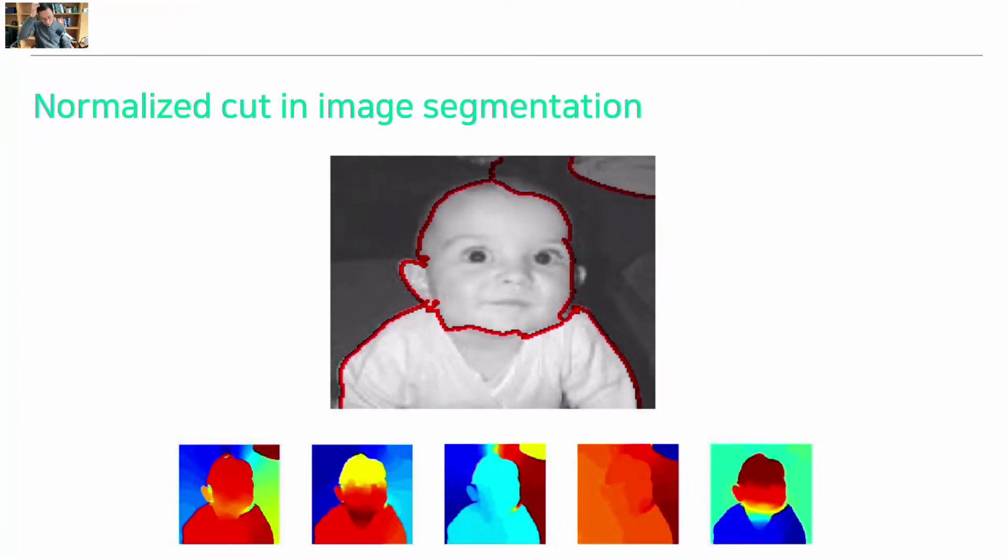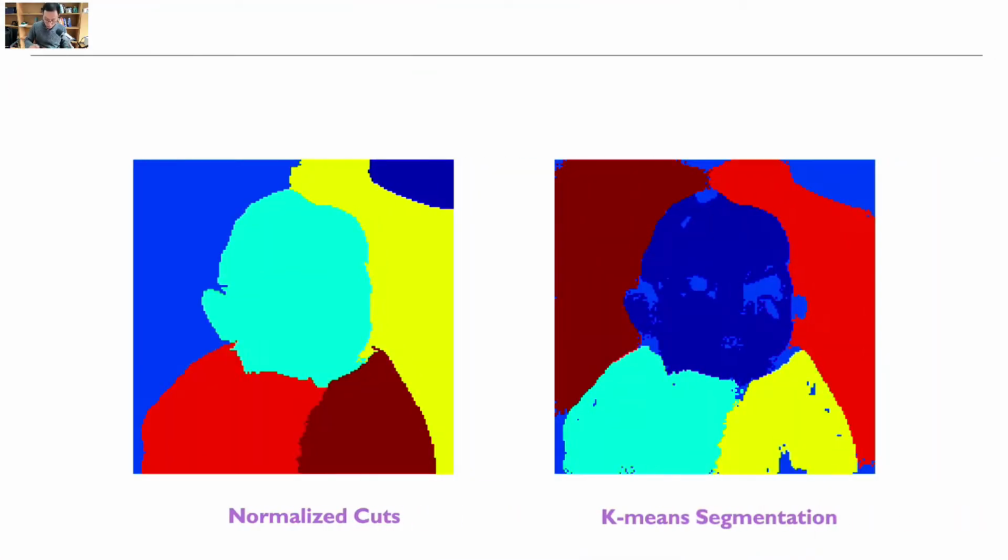So this approach is used in the image segmentation domain. The output is something like this. It looks promising, right? Each one shows the result from each eigenvector. We consider all of them, and we are able to find better segments in the input image.